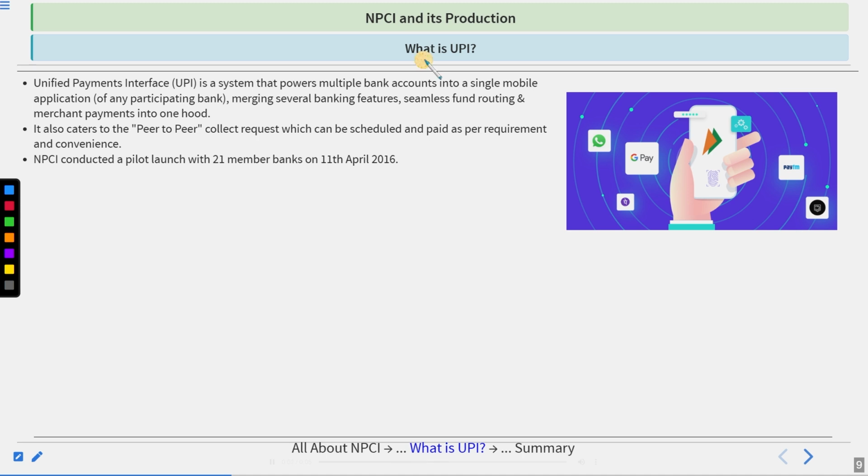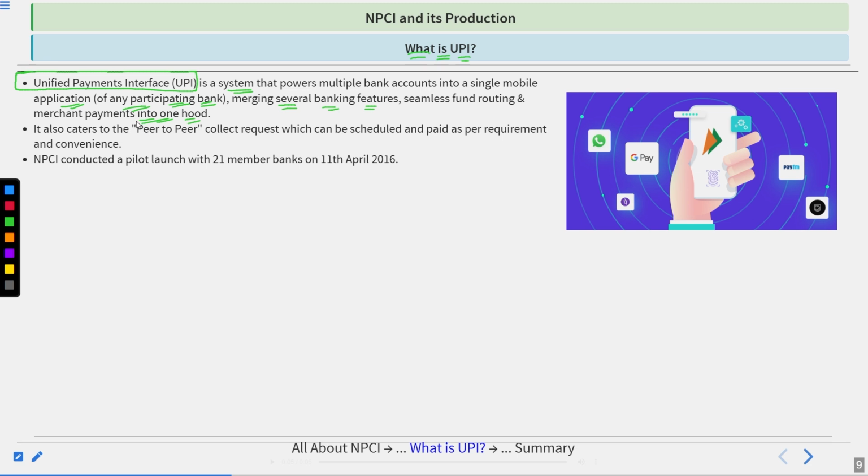Now, what is UPI? What do we mean by this? UPI stands for the Unified Payments Interface. It is actually a system that powers multiple bank accounts into a single mobile application of any participating bank, merging the several banking features, seamless fund routing, and merchant payment into one hood only.